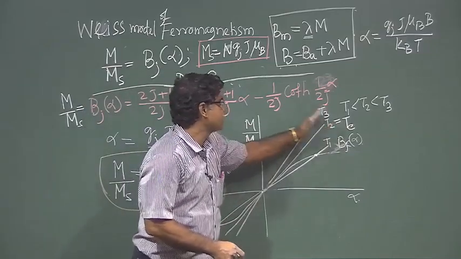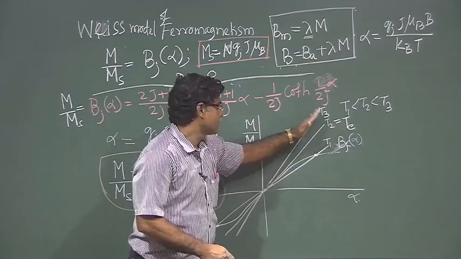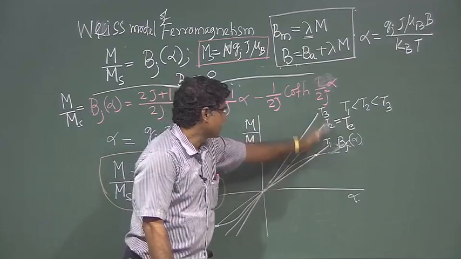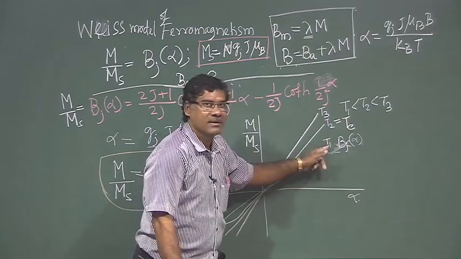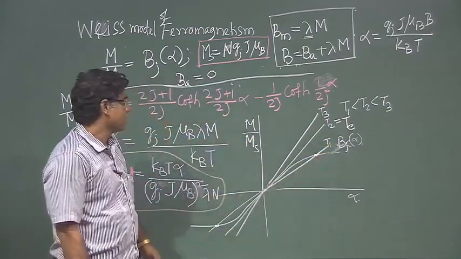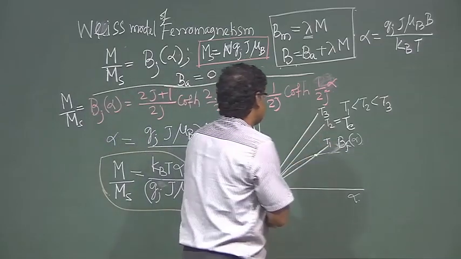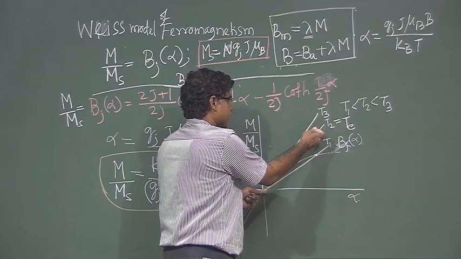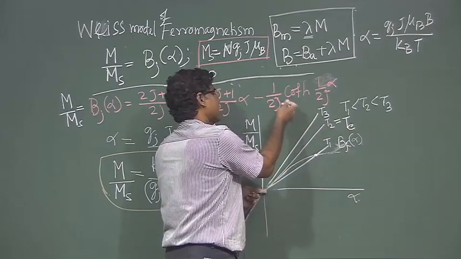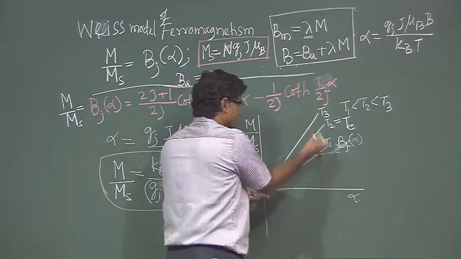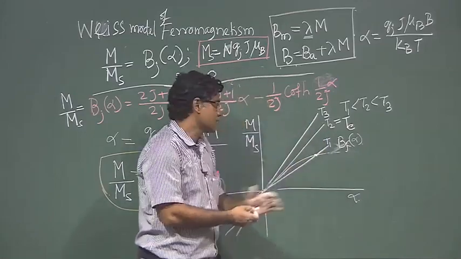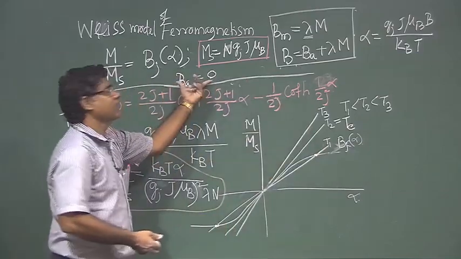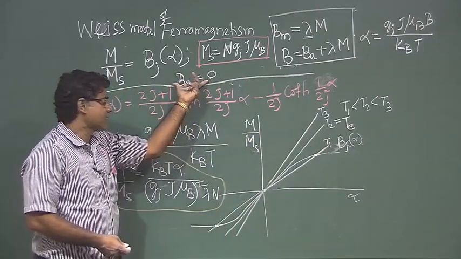T3 is above Tc, so it has no solution and is not intersecting, while below Tc at T1 it is intersecting. Thus Tc is the transition temperature: above it the material is paramagnetic and below it ferromagnetic, because magnetization exists even at external field 0.